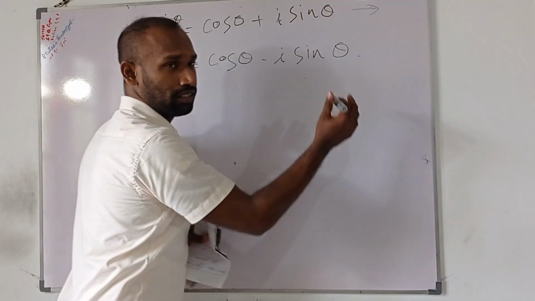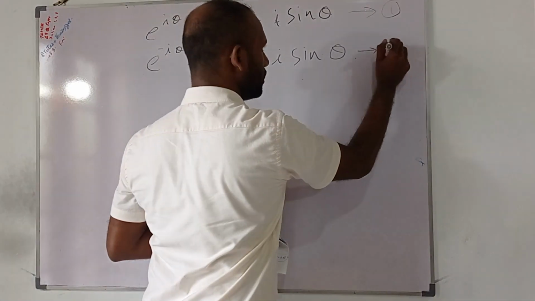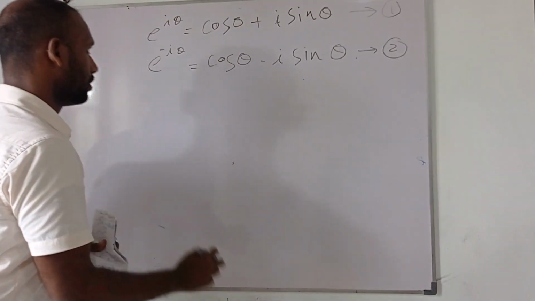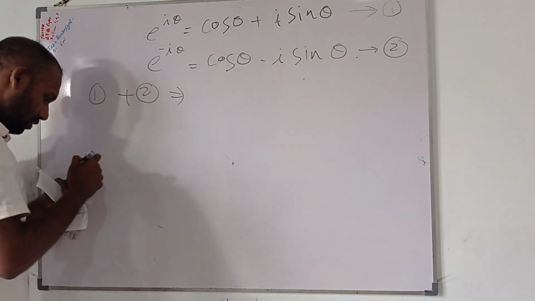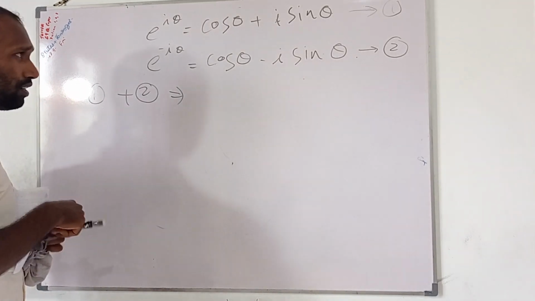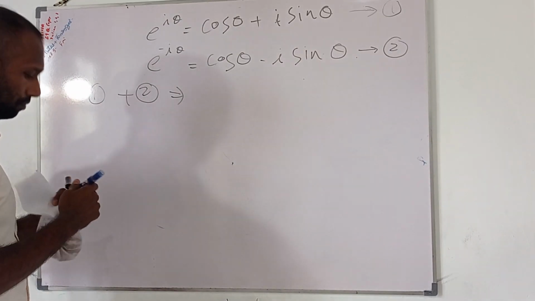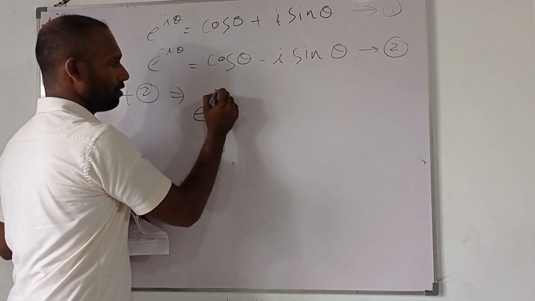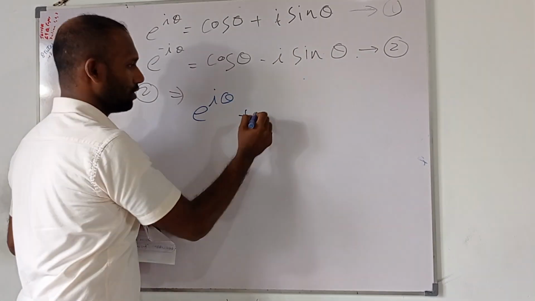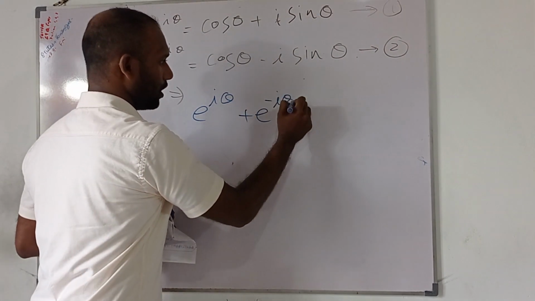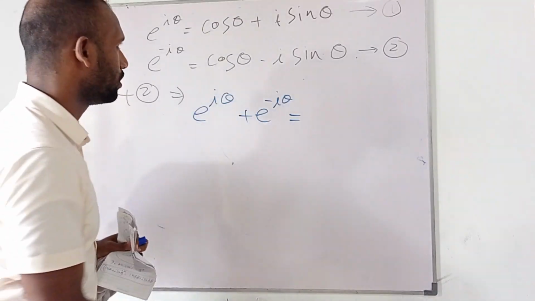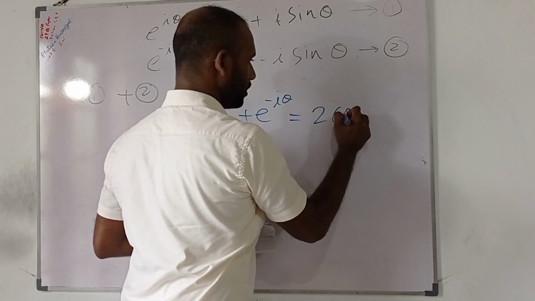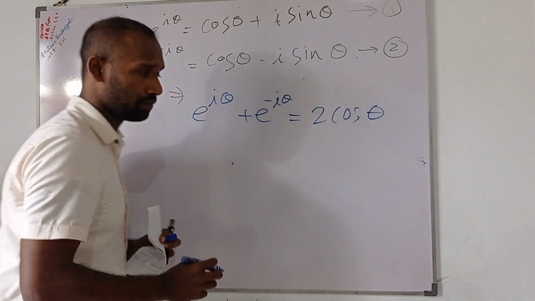I take this as 1 and this as 2. So 1 plus 2 implies that e to the power i theta plus e to the power minus i theta equals, these two terms cancel out, and we get 2 cos theta.